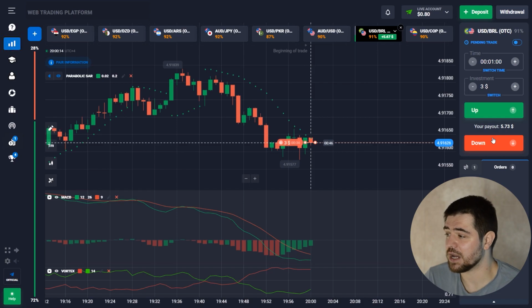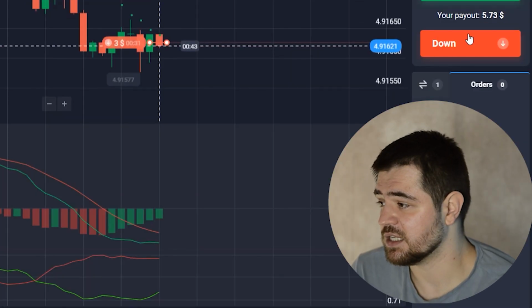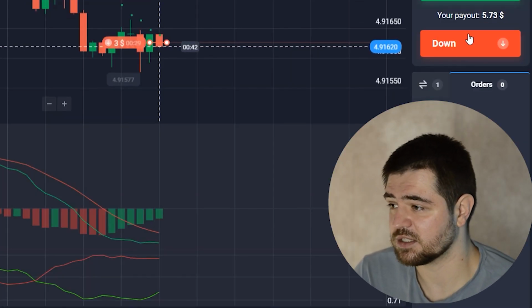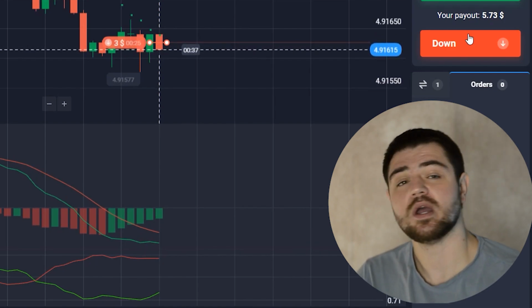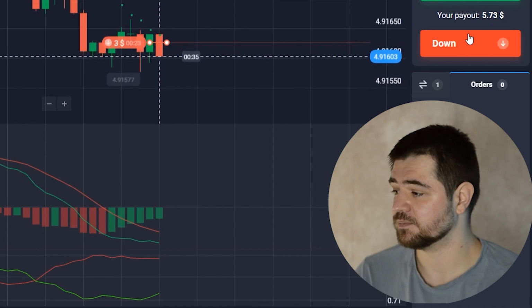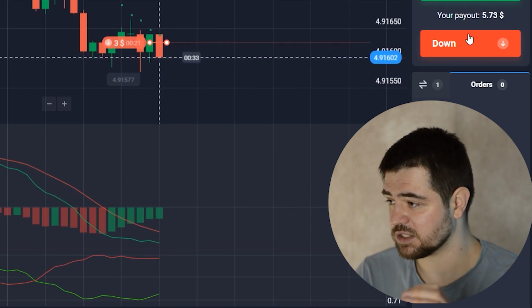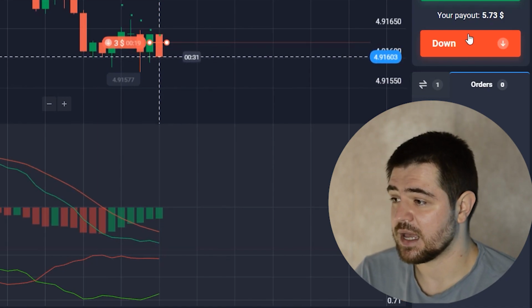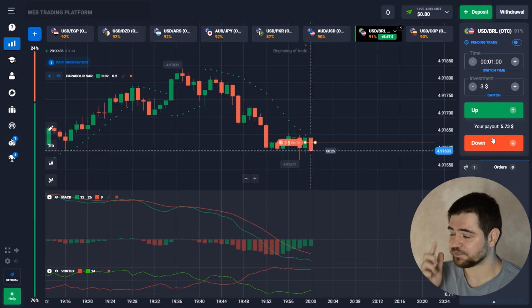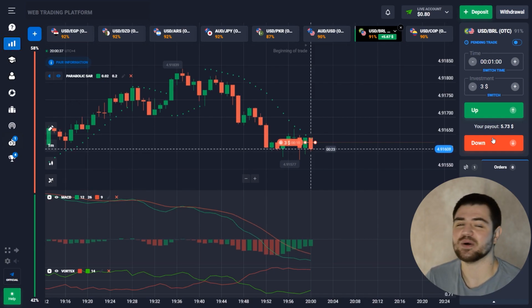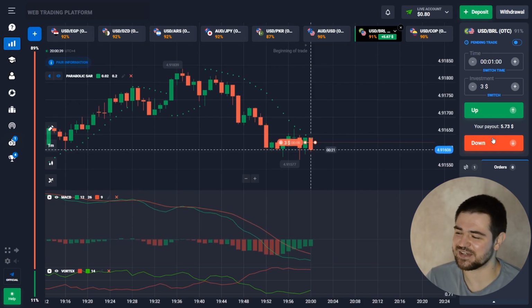So the bearish trend, and this is exactly the idea behind this decision. Also, MACD, as you can see, is also going down. And yeah, also parabolic SAR is also showing down. So let's wait for the result and continue.